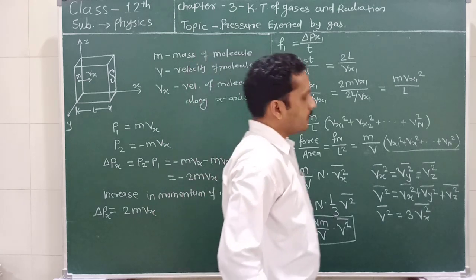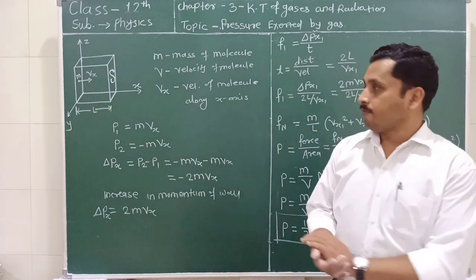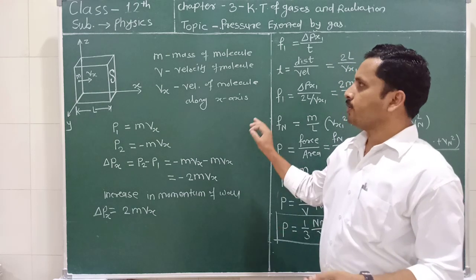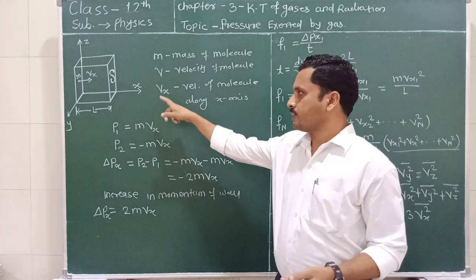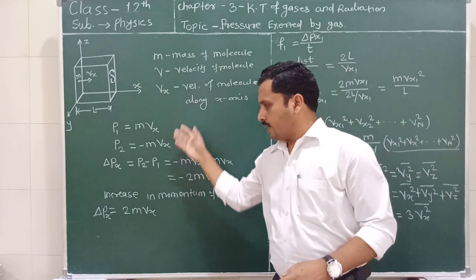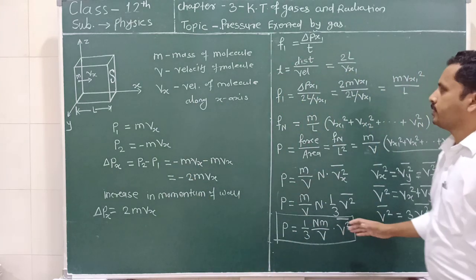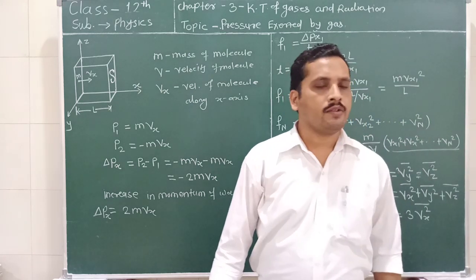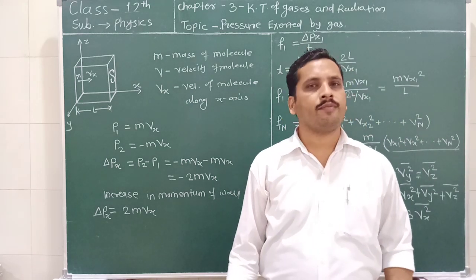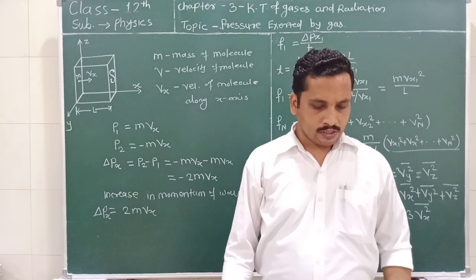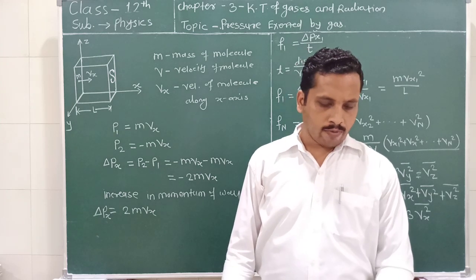So in this way, by considering the molecule of mass m moving with velocity Vx along the x direction, we derived this relation. In the next lecture we will derive the relation for the RMS velocity of the molecules. Goodbye, have a nice day.